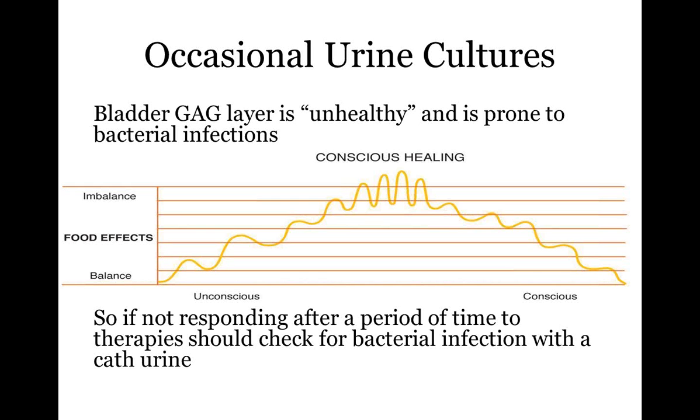But there will be on occasion times when the bladder can get infected with interstitial cystitis. And in these cases, the symptoms just don't go away with conservative energy science measures. And so if you're not responding after a period of time to therapy, you should check with your physician to be sure that you don't have a secondary bacterial infection.